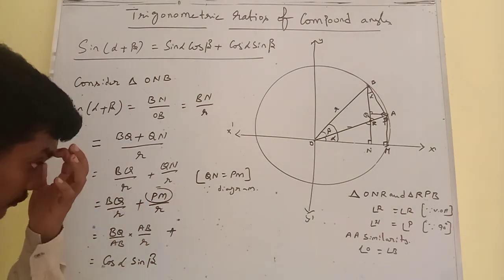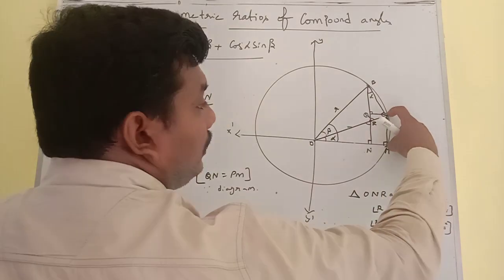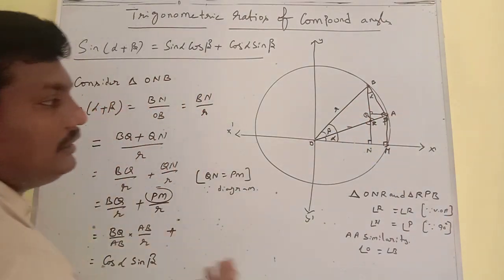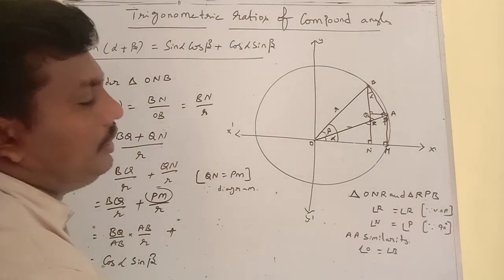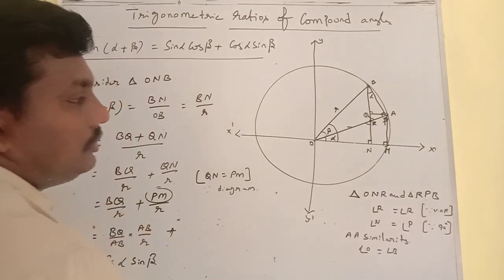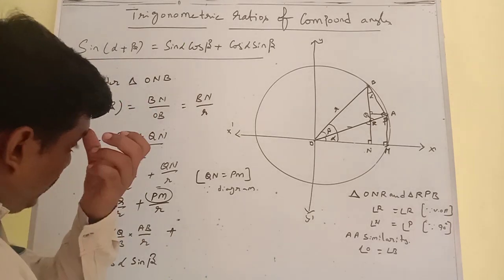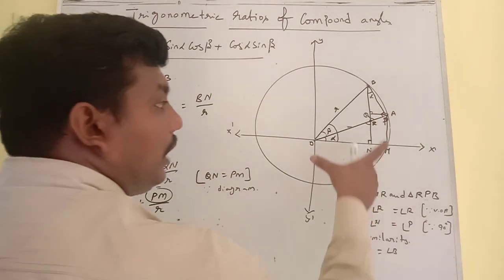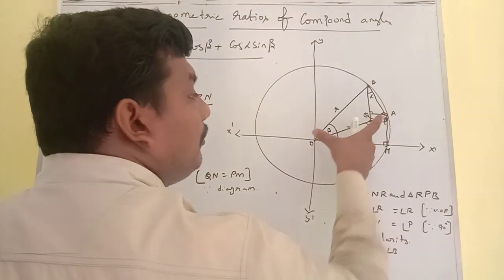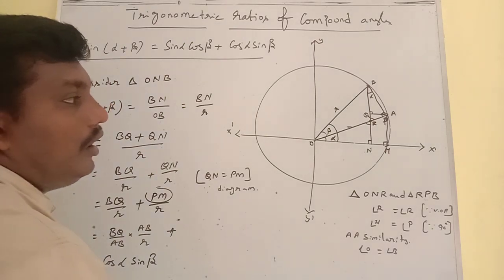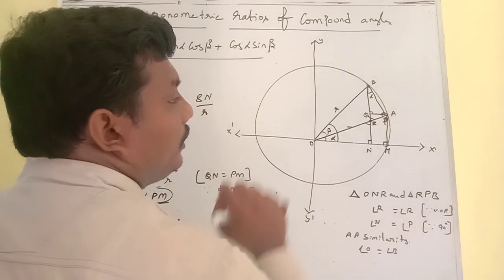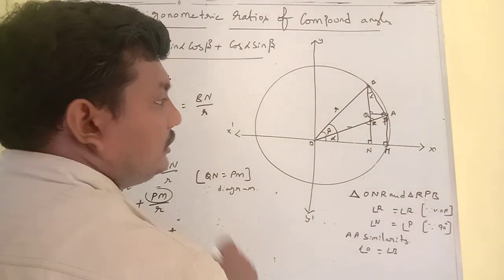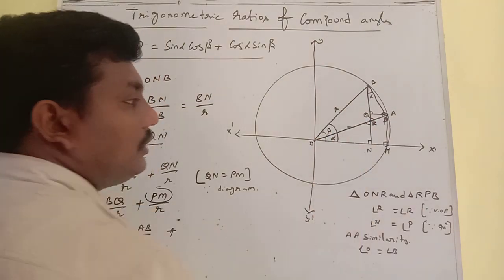Now PM by R. Where is PM? Here is PM and this is R. There is no common relation for PM and R. Yes, we have a common OA, OA is a common ray. So between OP and PM there is a relation, and between OP and R there is a relation.